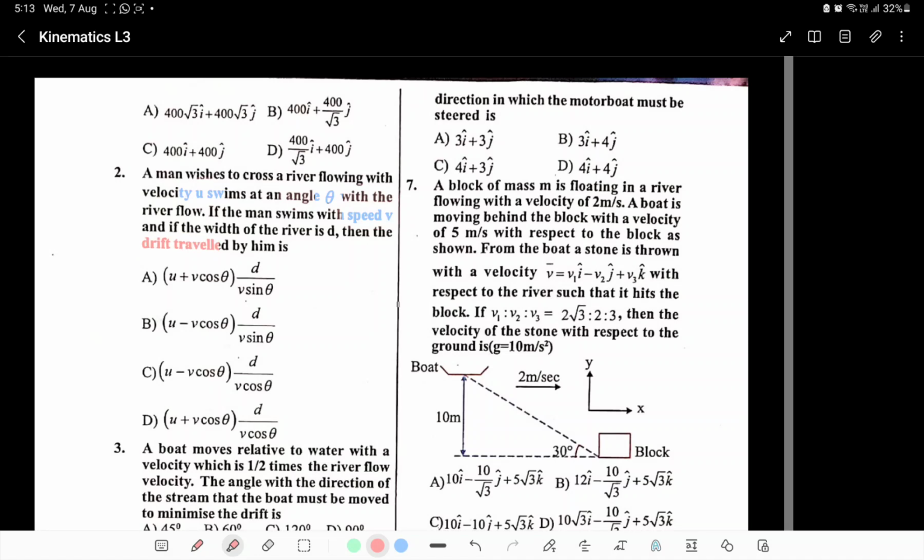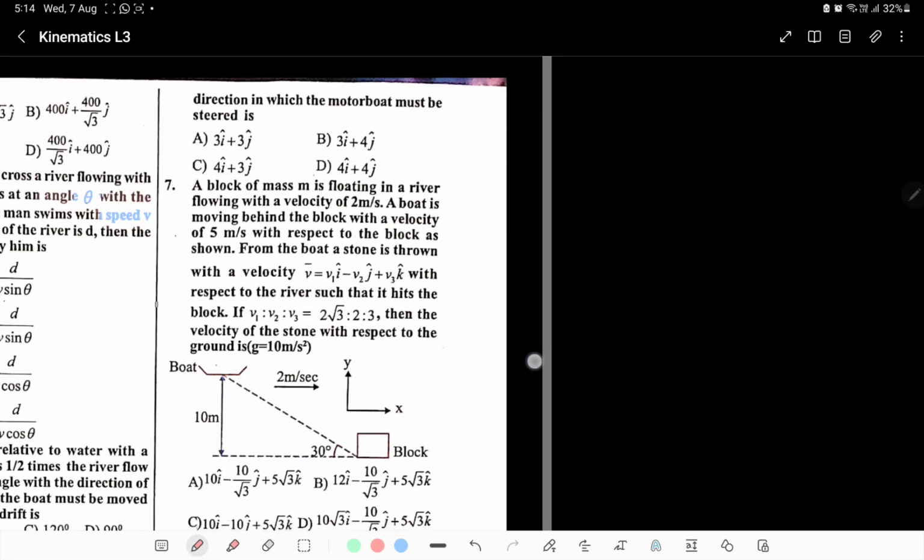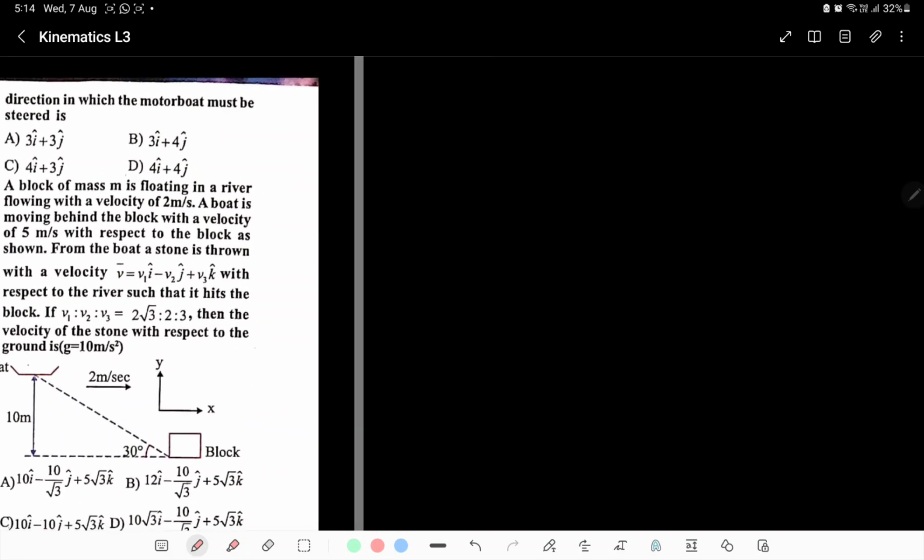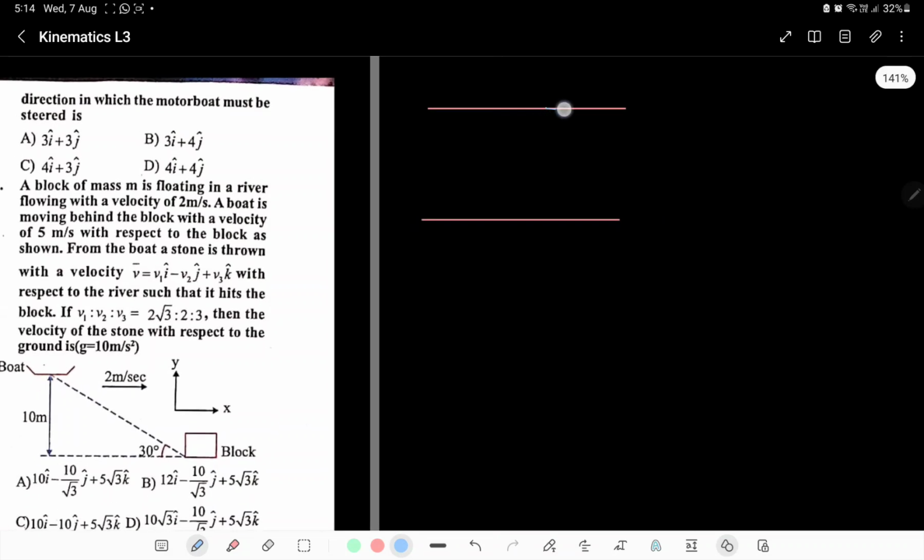Let's draw the diagram for a better understanding. Let it be the river, and the river is flowing with the velocity of vr, or let's say, as mentioned in the question, u. So the velocity of the river is u.